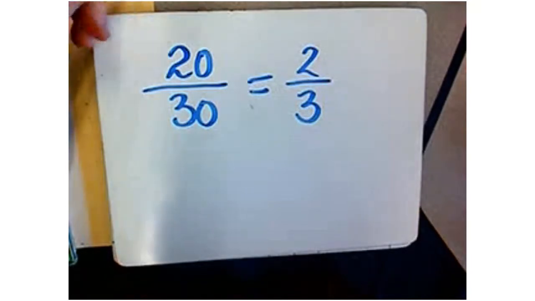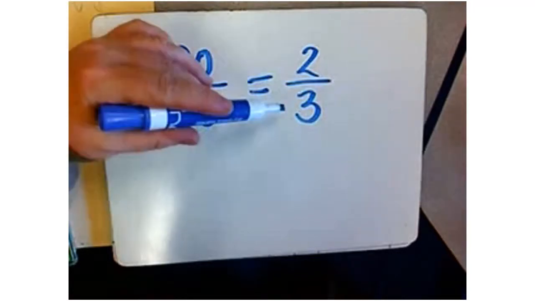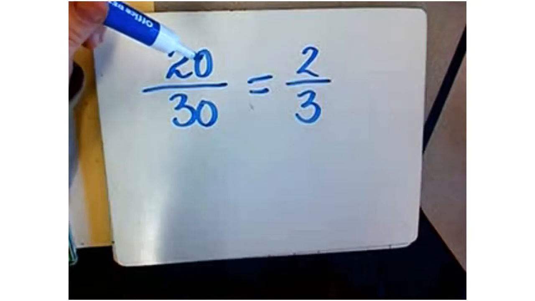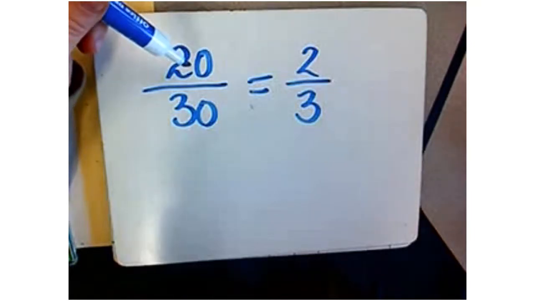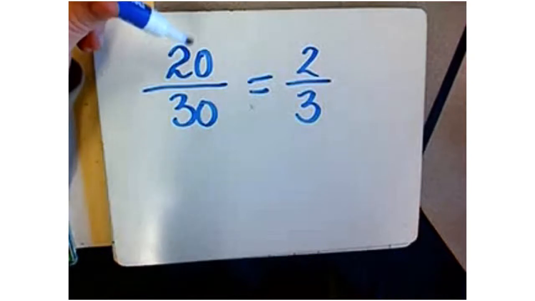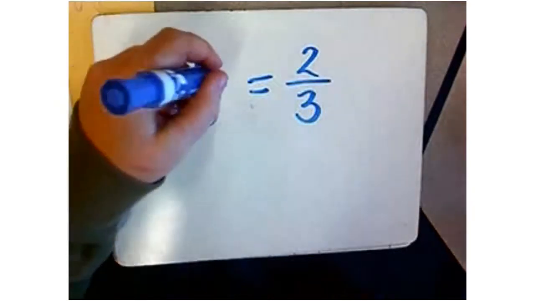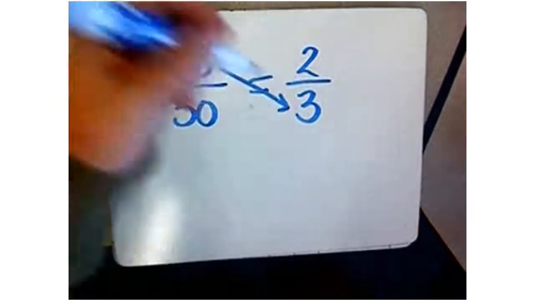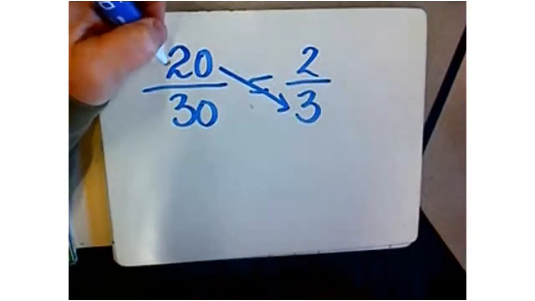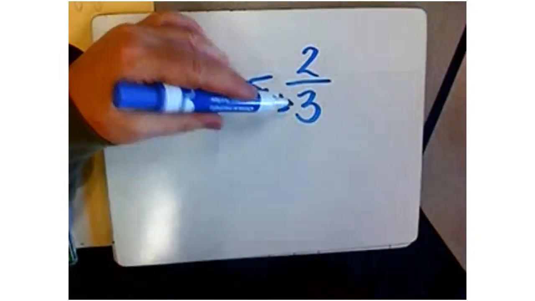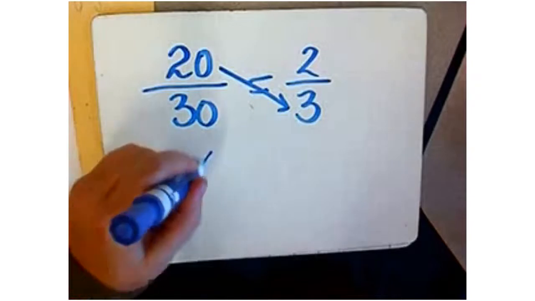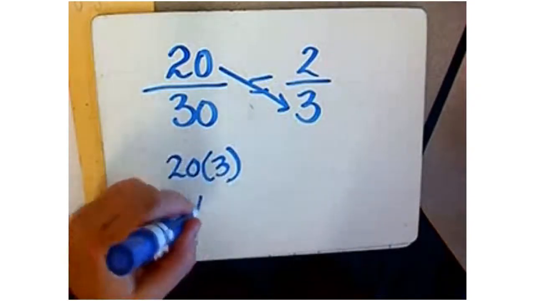And every proportion has two cross products. That means we can cross multiply. And that's really cool because if we do that, we're going to see that the cross products are equal. In this proportion, the numerator of the first fraction times the denominator of the second fraction, 20 times 3, that's 60.